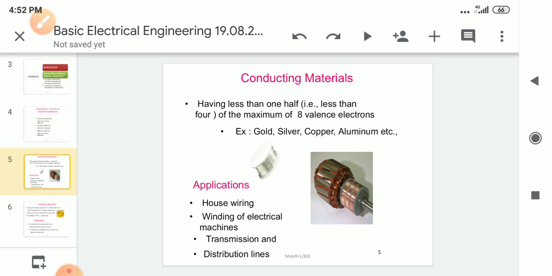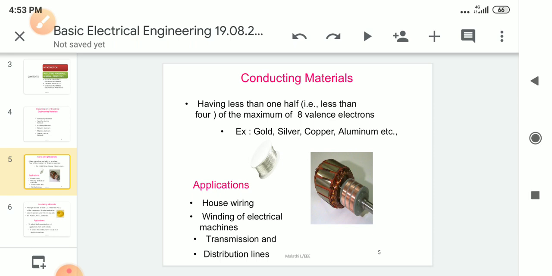The movement of these free electrons is known as electric current. Due to potential difference, they will move from one place to another place. So our conducting material must have this feature: the valency electrons are less than 4. Examples for conducting materials are gold, silver, copper, aluminium, like that.